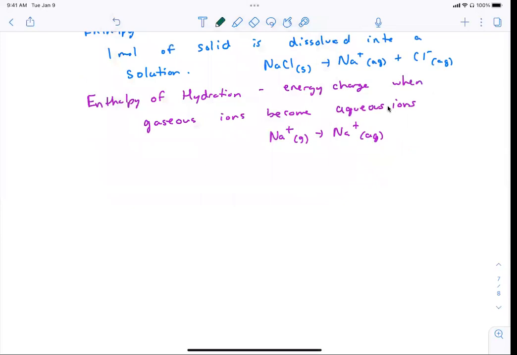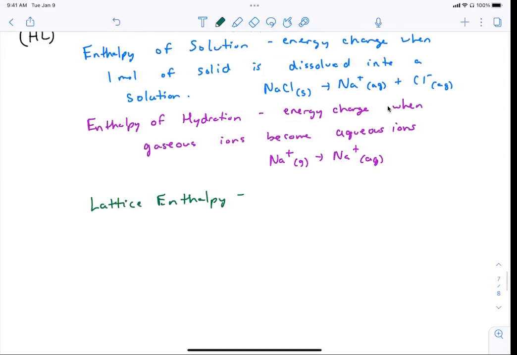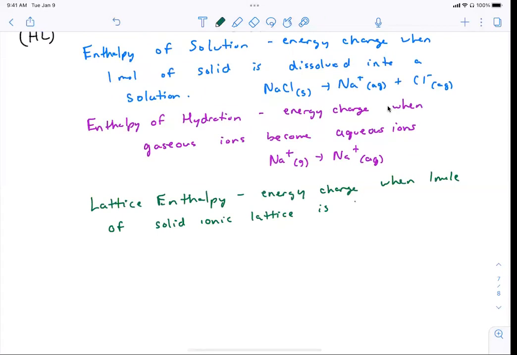And the big enthalpy that is reserved for HL is lattice enthalpy. Bad memories, I know. Lattice enthalpy is the energy change when 1 mole of solid ionic lattice is broken into gaseous ions.